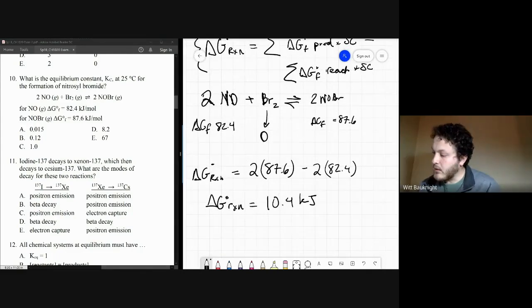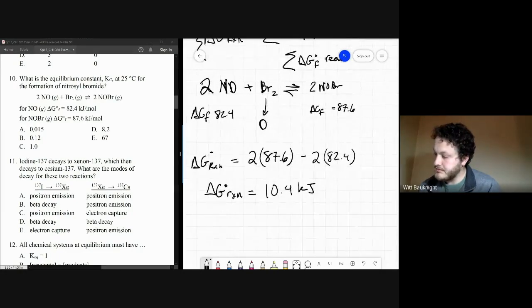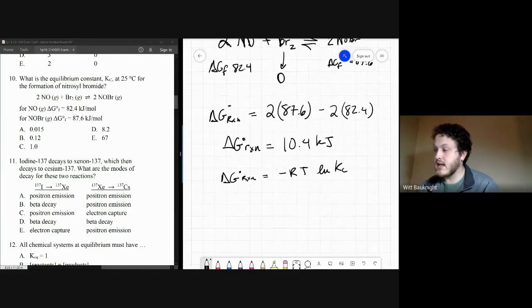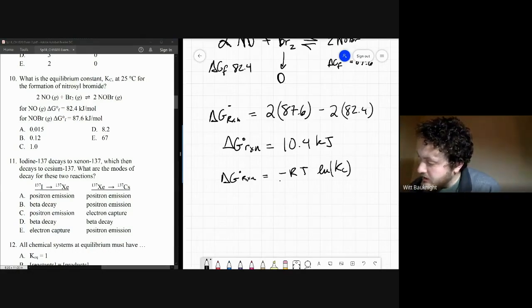So now we're going to plug it into delta G reaction is equal to negative RT ln Kc. Well, let's do a little bit of messing around to get Kc by itself. Now, first thing we're going to do is divide both sides by negative RT.